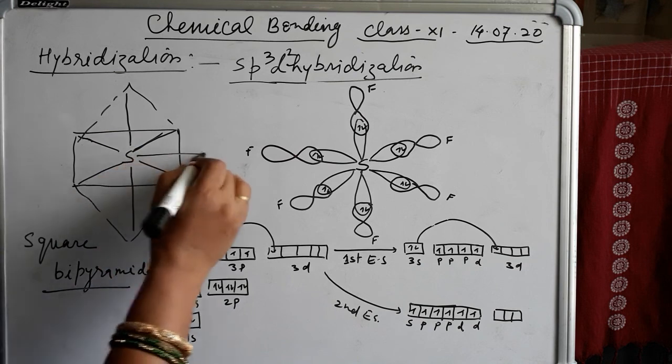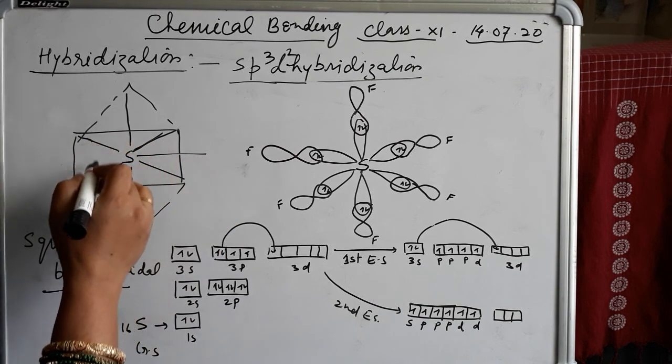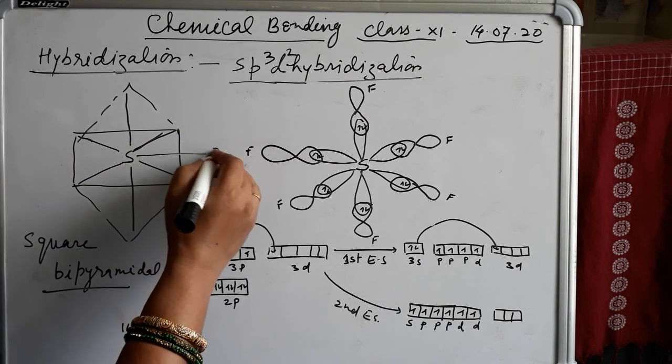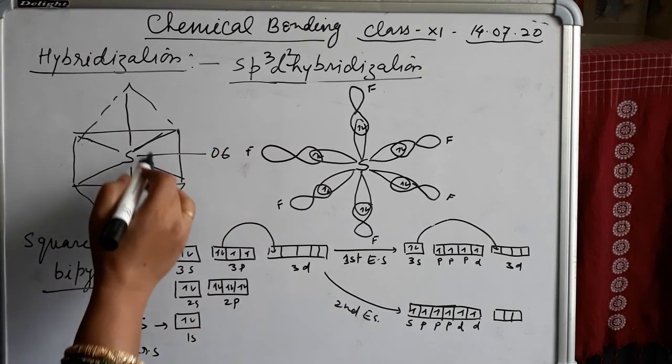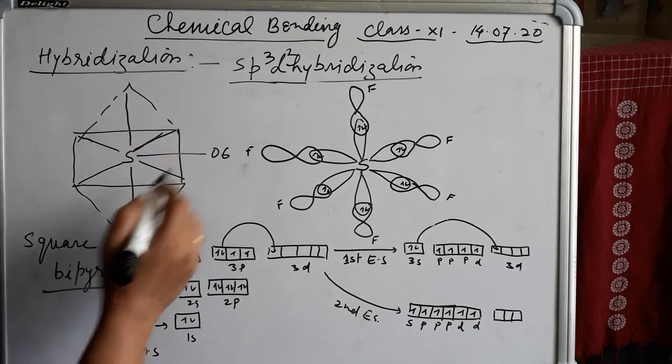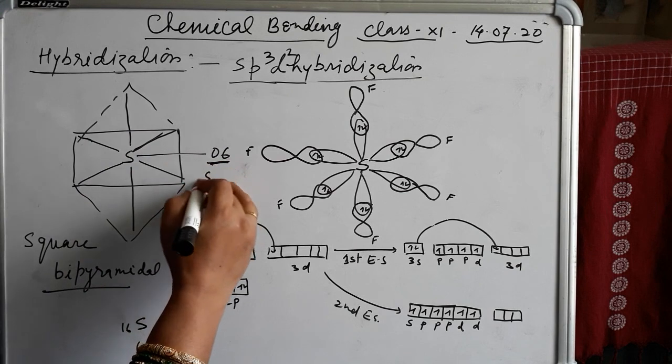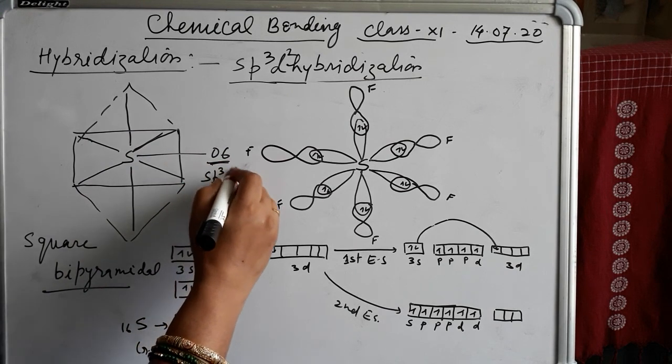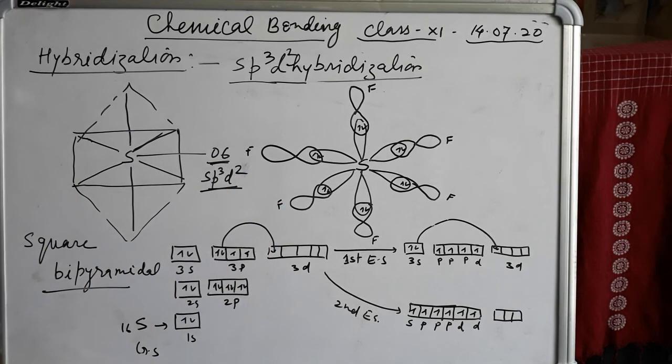And the hybridization of sulfur is counted 1, 2, 3, 4, 5 and 6, total 6 orbitals. 1, 2, 3, 4 here and 5 and 6 here. So total 6 orbitals. So hybridization becomes sp3d2. In this way we can draw the structure of molecules having sp3d2 hybridization.